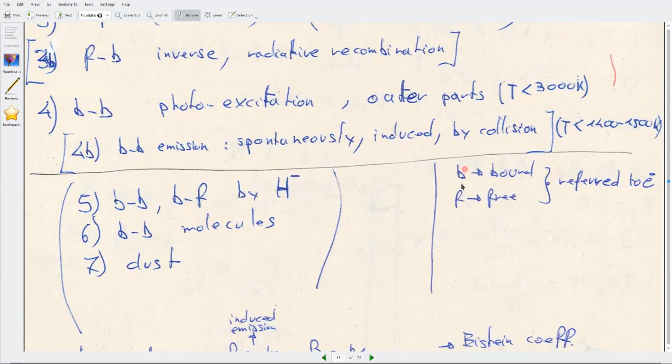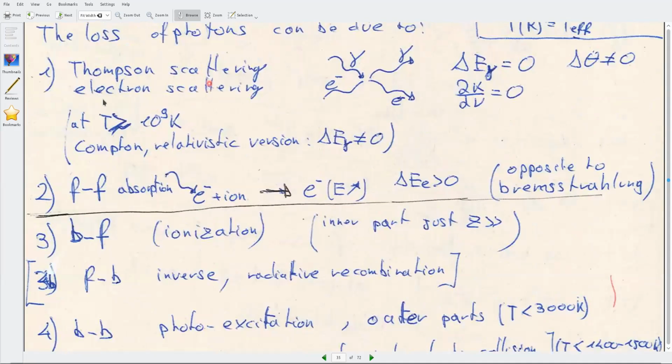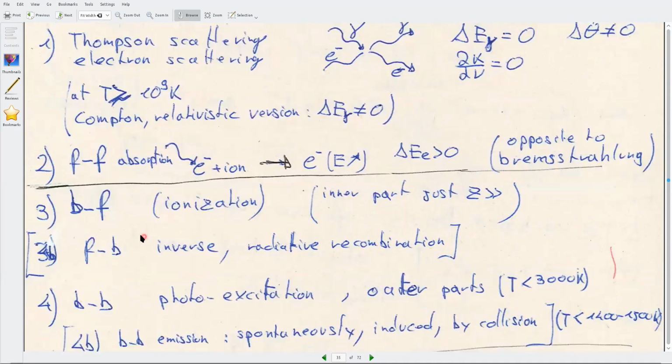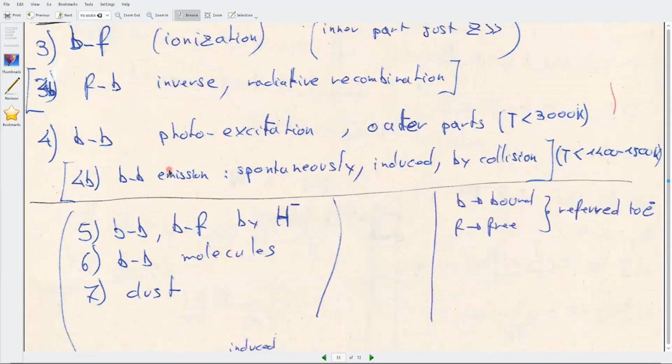Here, B is bound, F is free, refracted to the electron in the process, or interaction with the dust. Also here it's really cool, the molecular star outside. Now we are usually just considering this part, the electron scattering, free-free absorption. This is mainly in the envelope.